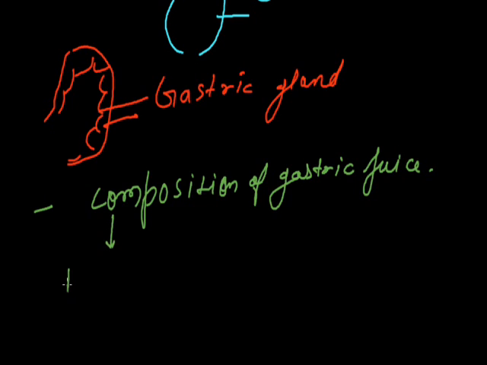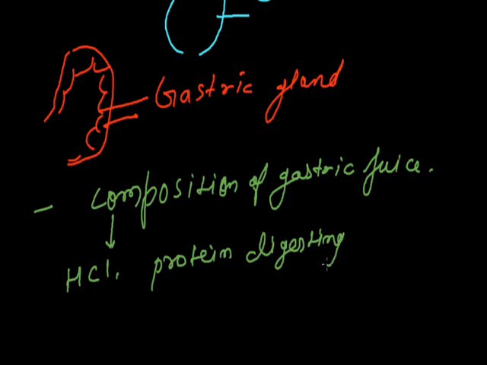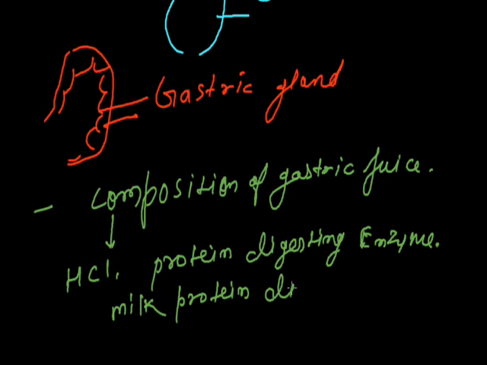Gastric juice has hydrochloric acid, a protein digesting enzyme, and a milk protein digesting enzyme.